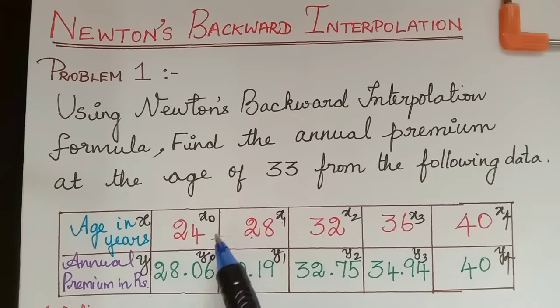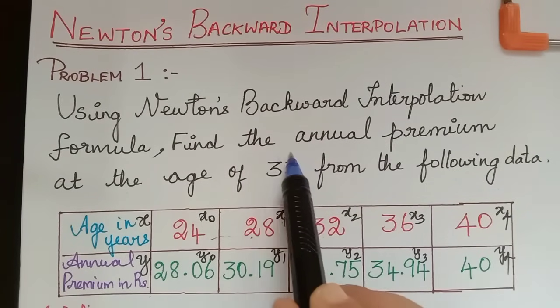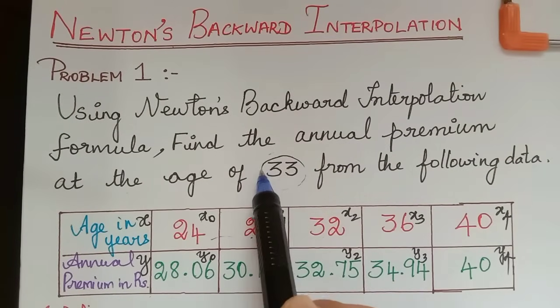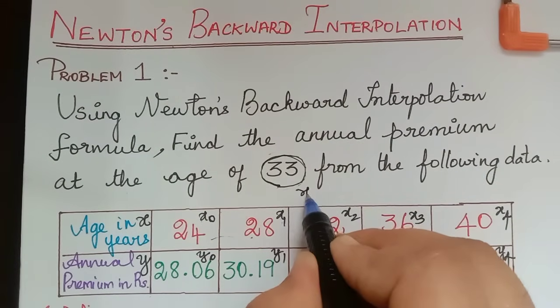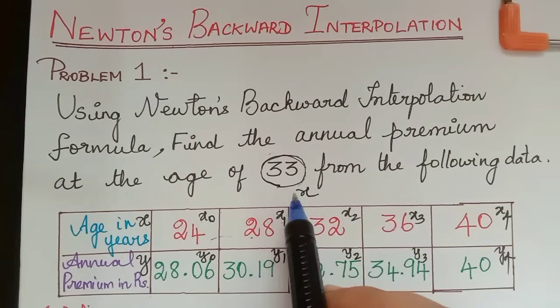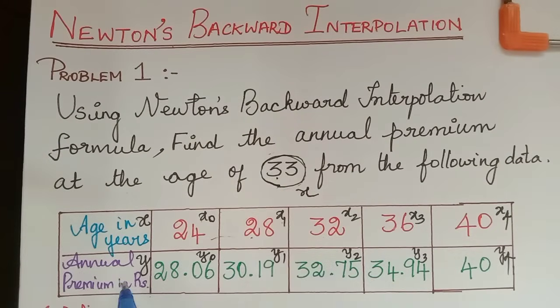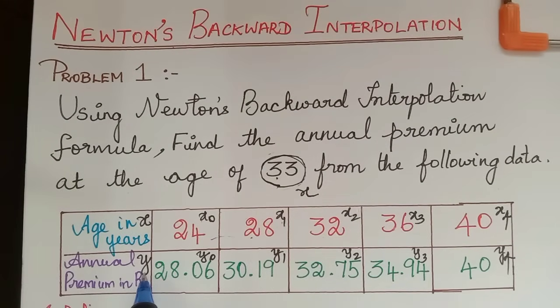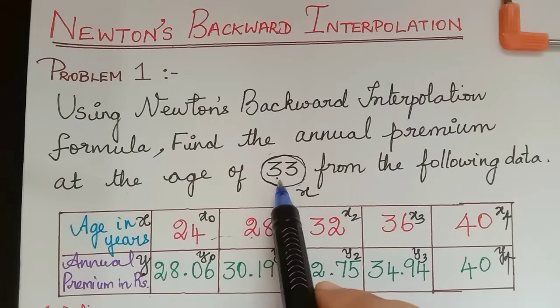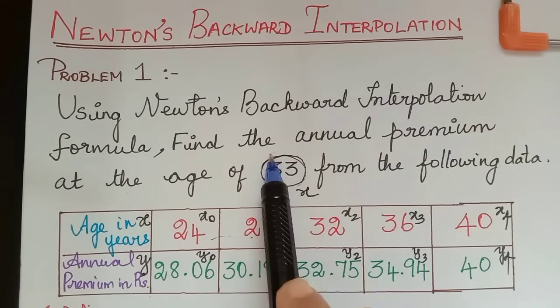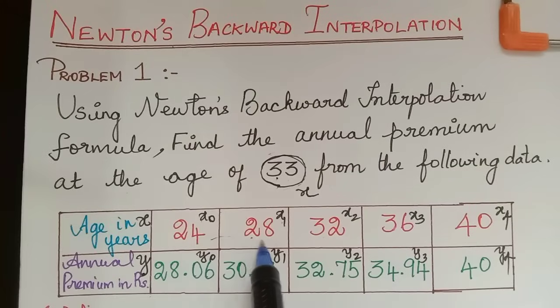Now, in particular, we have to check the value that has to be interpolated. Here the value to be interpolated is 33, and this value has to be taken as x. So for x equal to 33, we have to find the value of y. That is the question. Where this 33 lies, that we have to check. Does it lie between 24 and 28? No. Between 28 and 32?